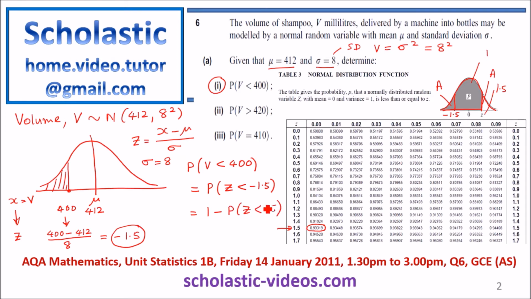So instead of finding negative 1.5, we find positive 1.5 and find the total big area, and then take away that value from 1 to find this small value, which is equal to this white area. So that means 1 minus 0.93319, which is approximately equal to 0.067.